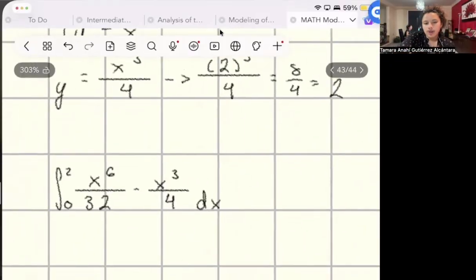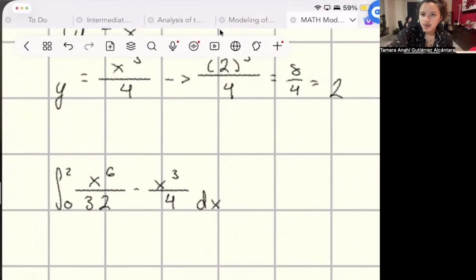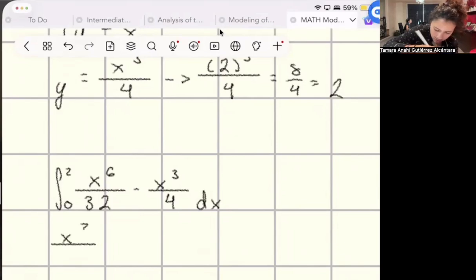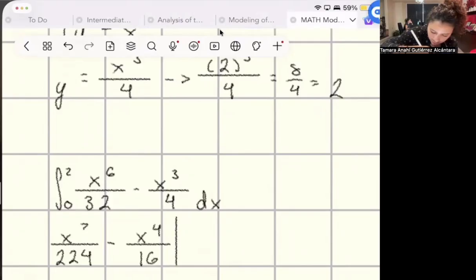Now the same, we're gonna integrate it and then evaluate it from 0 to 2. It's x to the 7 over 32 times 7, which is 224, minus x to the 4th over 16, from 0 to 2.